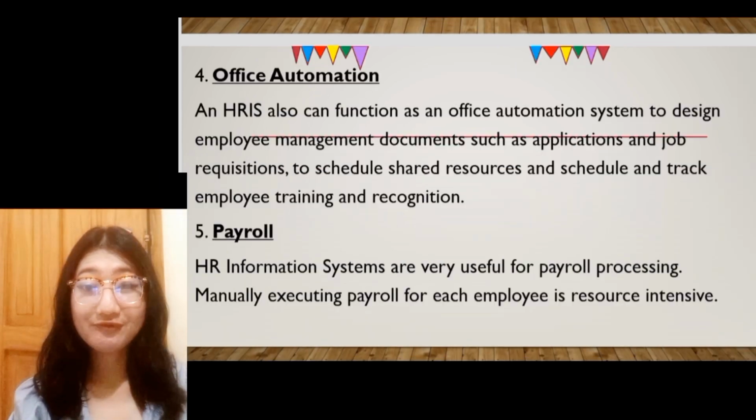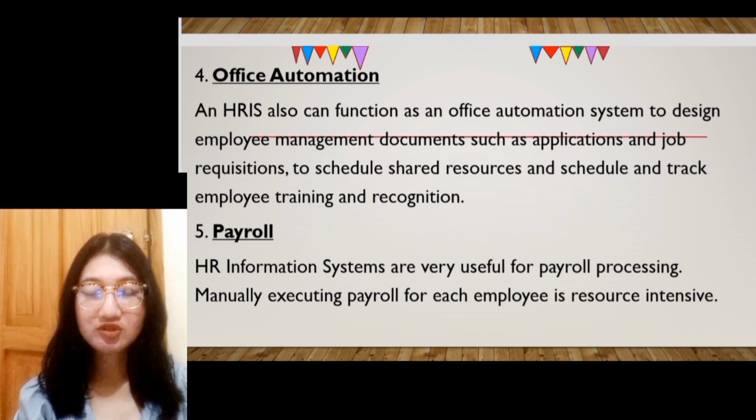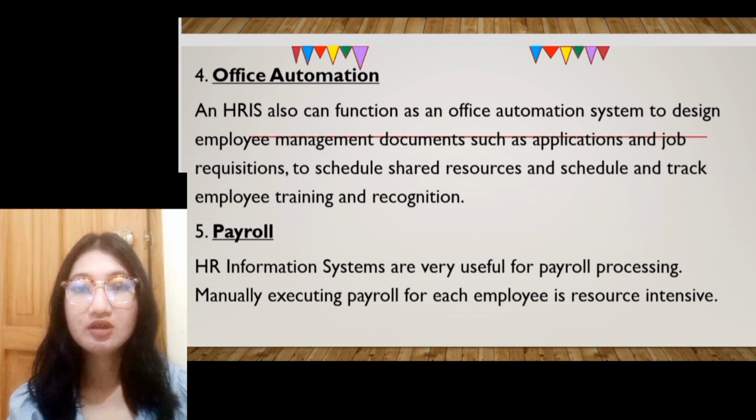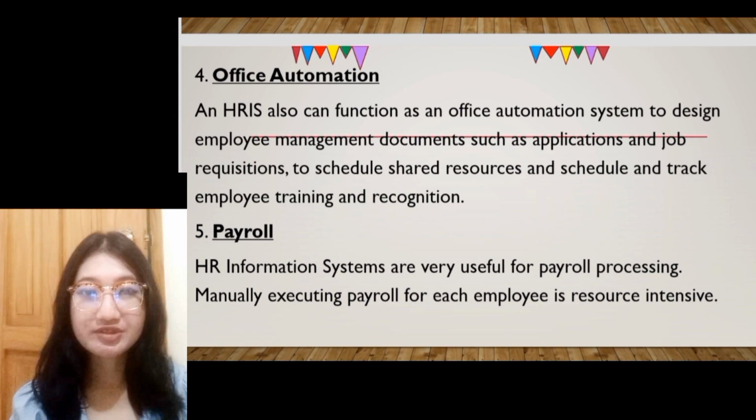So the fourth benefit of HRIS is office automation. HRIS can also function as an office automation system to design employee management documents such as applications and job requisitions, to schedule shared resources, and schedule and track employee training and recognition.